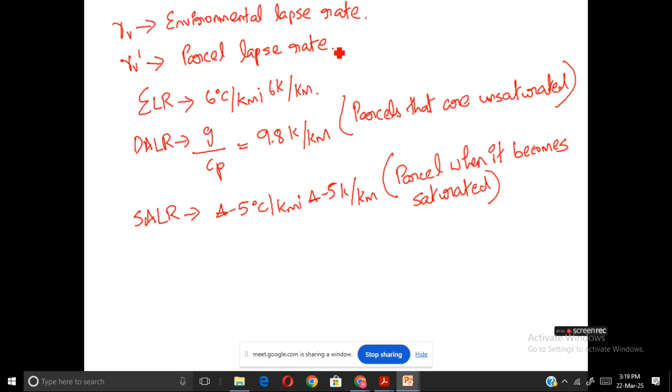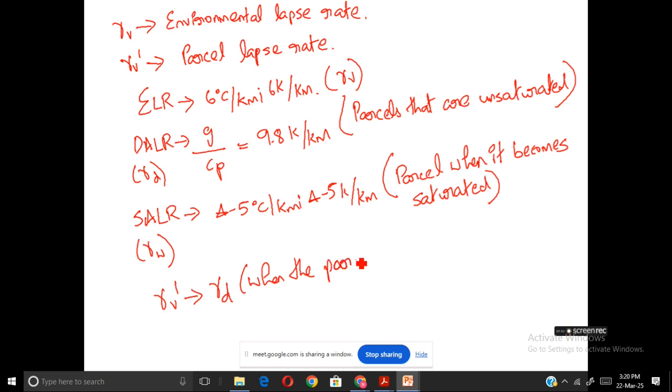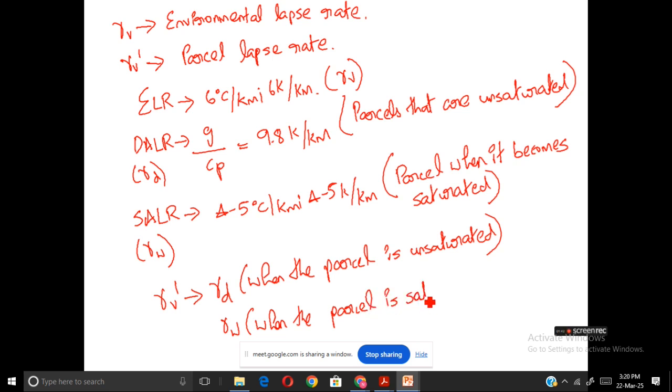So the environmental lapse rate is our gamma V. The dry adiabatic lapse rate is gamma D, and the saturated adiabatic lapse rate is gamma W. So gamma V dash, which is the lapse rate of the parcel, can either be gamma D when the parcel is unsaturated, or gamma W when the parcel is saturated.